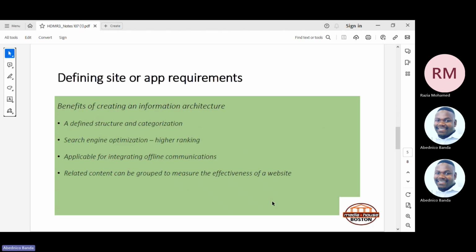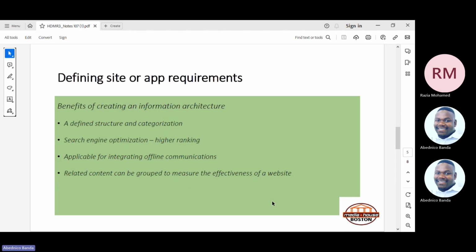So the benefits, of course, of creating an information architecture: the first one would be a defined structure and categorization. All of a sudden, customers can see that you are organized. You have that menu that shows proper categorization of products, categorizing them according to female, or appliances, or male.